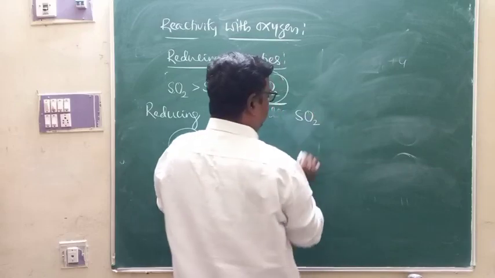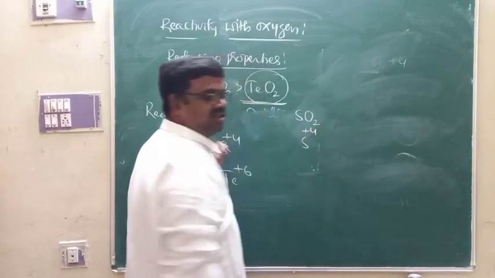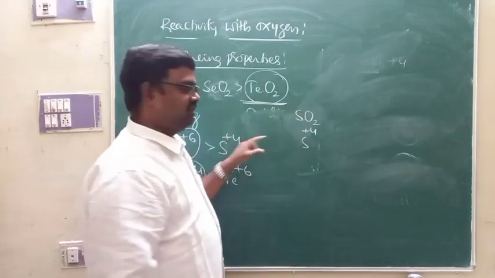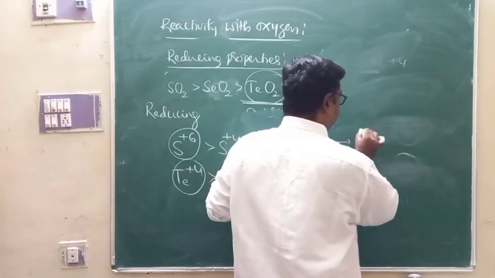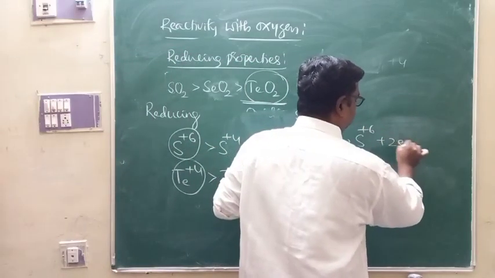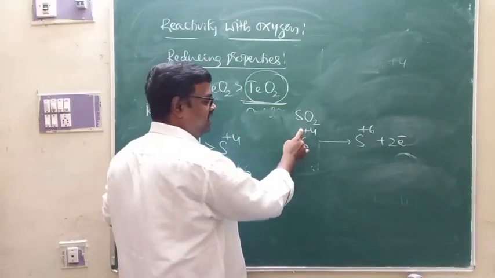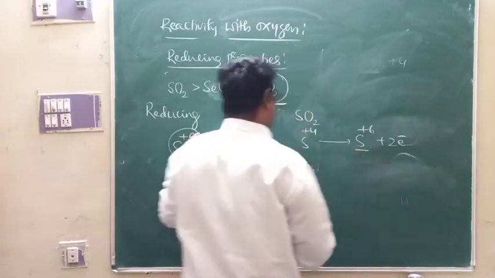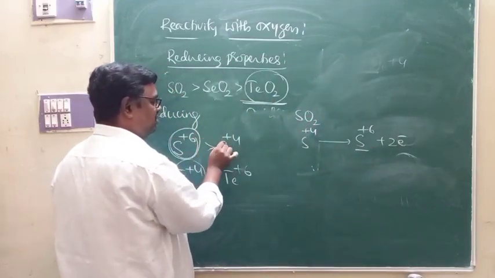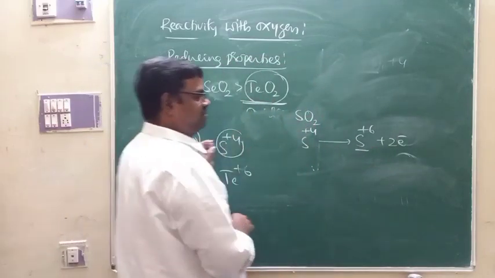Because in sulfur +6 is more stable, look at SO2, where sulfur is in the +4 state. It is readily converted to +6 by losing 2 electrons, because +6 is more stable than +4 in the case of sulfur.